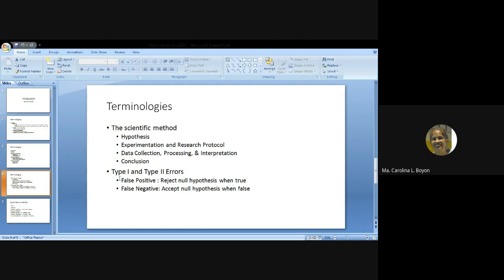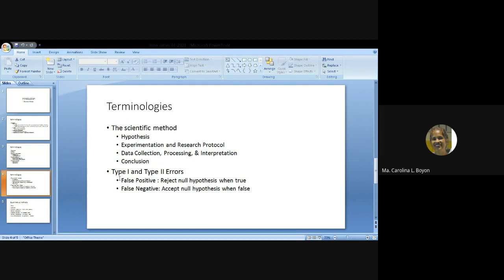When we refer to the scientific method, that means we're trying to provide conclusions that are evidence-based. These conclusions cannot just be generated with some processes that a researcher can adjust at any time of the research process.